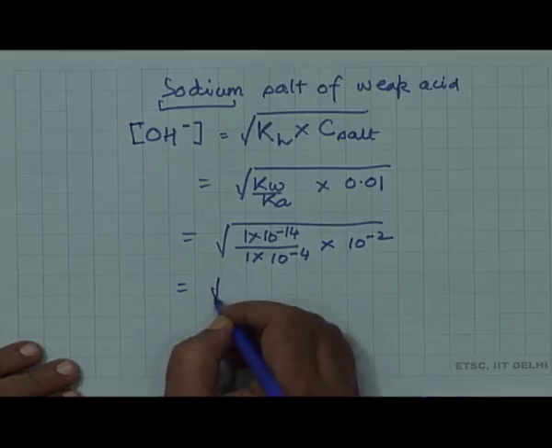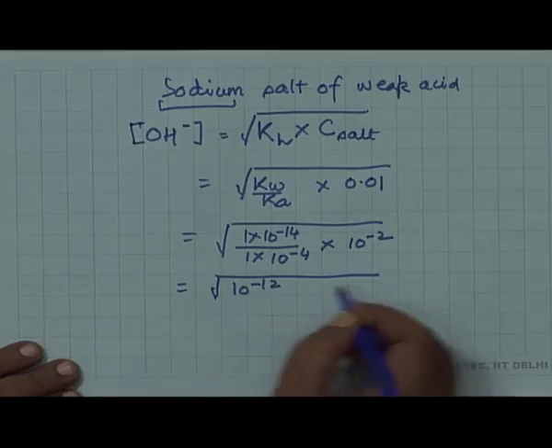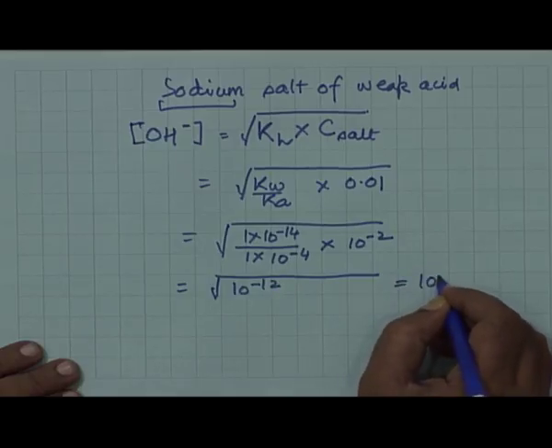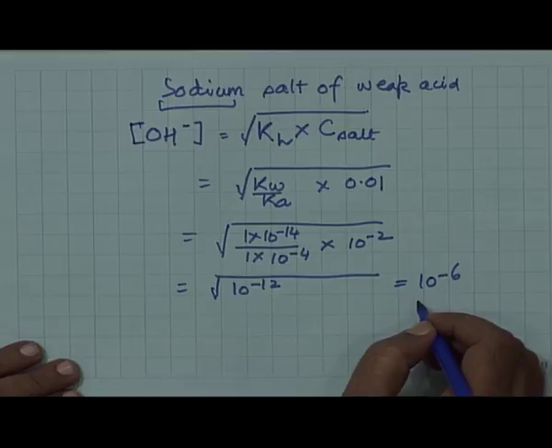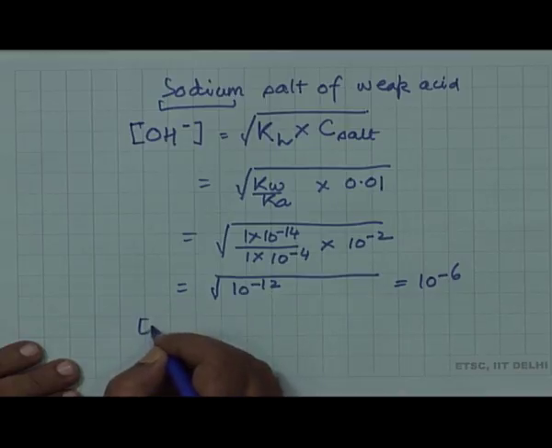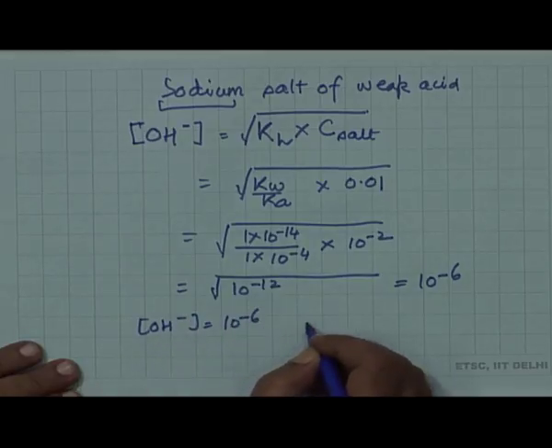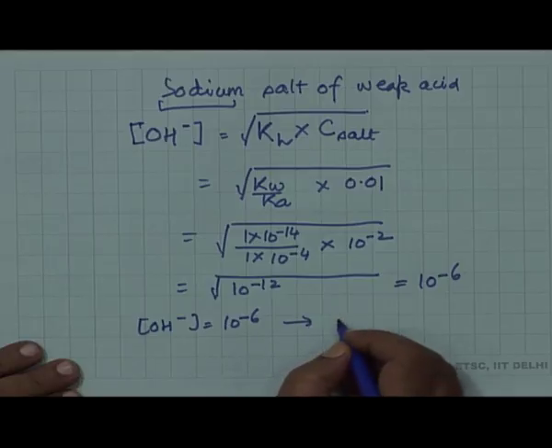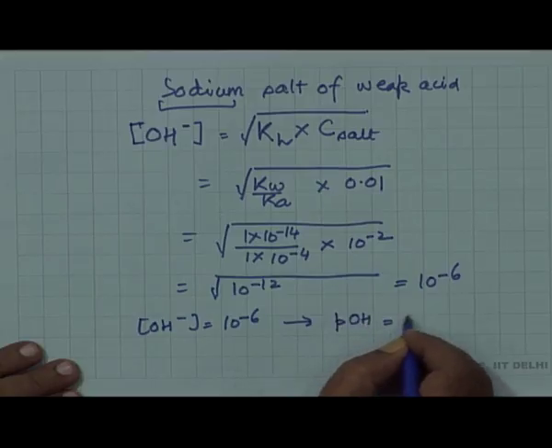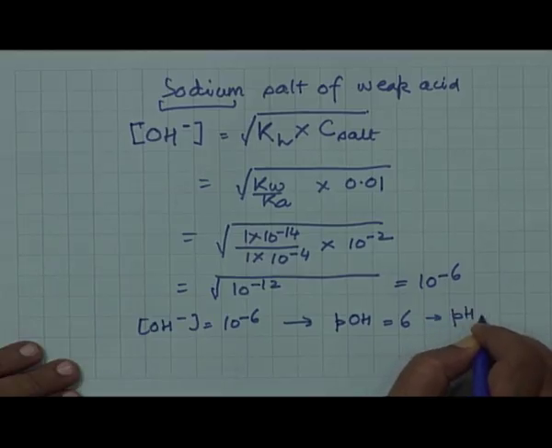So, you see 10 to the power minus 10 into 10 to the power minus 2, 10 to the power minus 12. Under root of 10 to the power minus 12 is 10 to the power minus 6, and so OH ion concentration is 10 to the power minus 6, and then pOH will be equal to 6, whereas pH will be equal to 8.